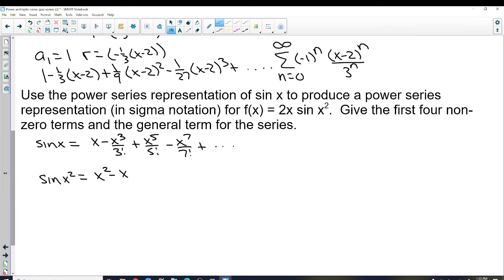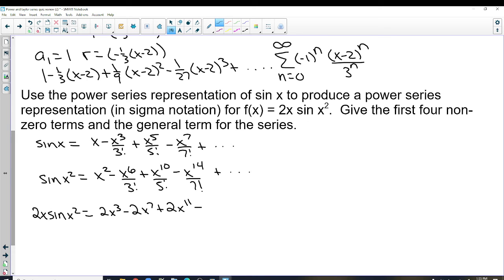X squared minus x to the 6th plus x to the 10th minus x to the 14th, over 3 factorial, over 5 factorial, over 7 factorial. Replace first, then do the multiplication. So 2x sine of x squared is 2x to the 3rd, 2x to the 7th, 2x to the 11th, 2x to the 15th.